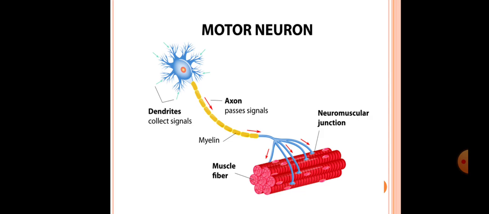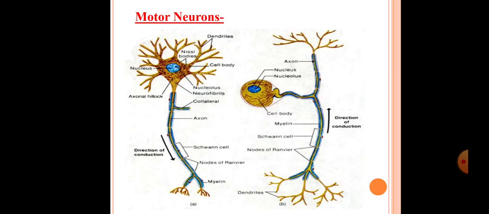Depending on the function and location of the neuron, its shape and size vary. All neurons have three main parts: first the dendrites, then the cell body, and the axon.